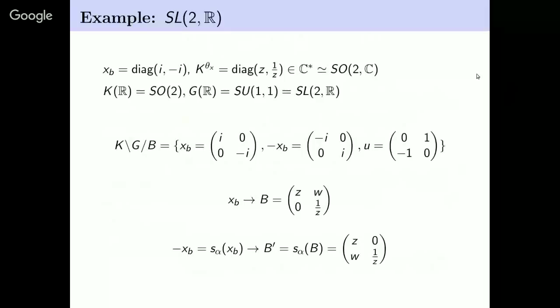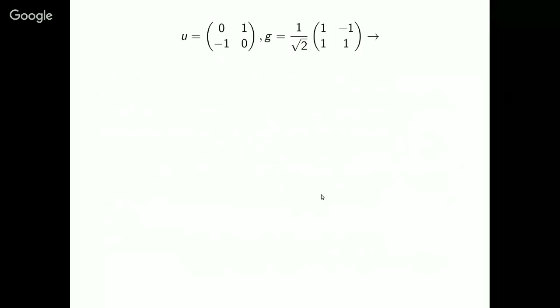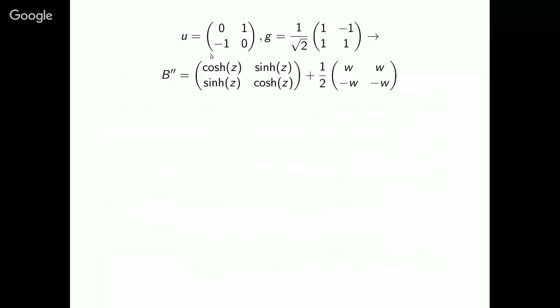Where is it? Whoops. The Borel has this Z, 1 over Z on the diagonal, and the nilpotent part is W. When you conjugate that, you get this guy right here. The diagonal entries go to this, and the W goes to this. And so this is a representative of the other K-conjugacy class of Borels.